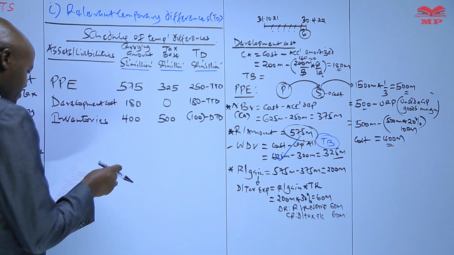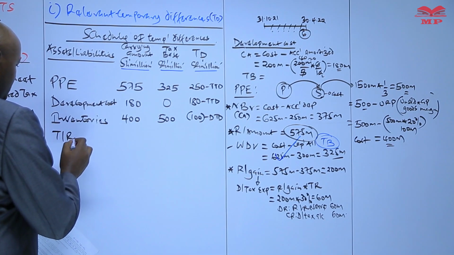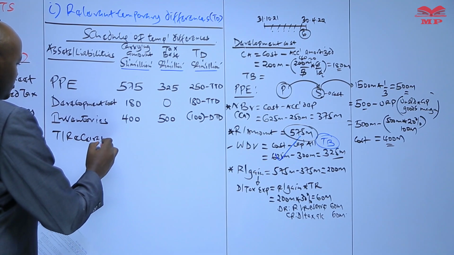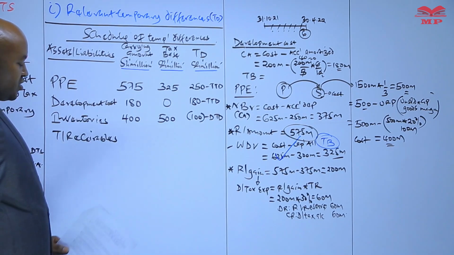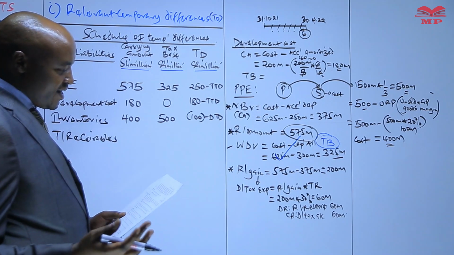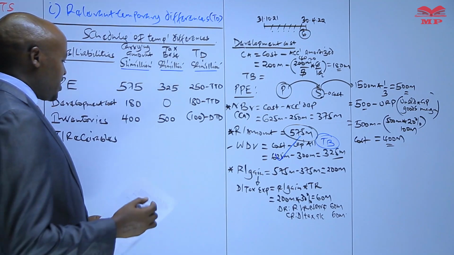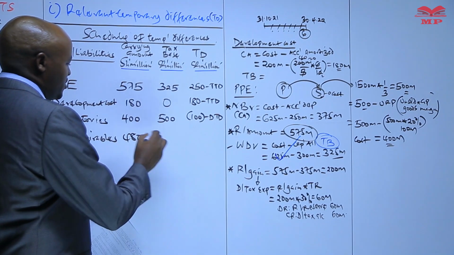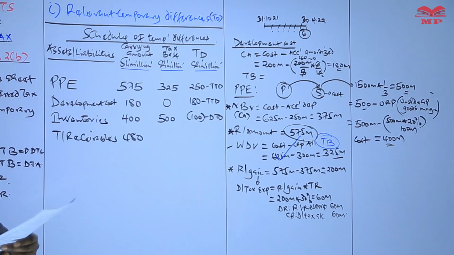Let's move to point number 4, where we have information about the trade receivables. For the trade receivables, we are already given the carrying amount, the amount at which the receivables are carried in the statement of financial position, which is 480.